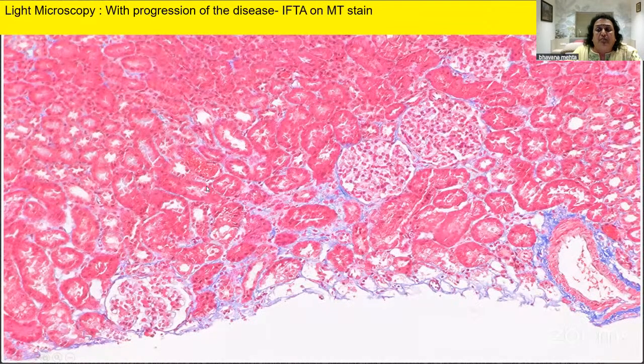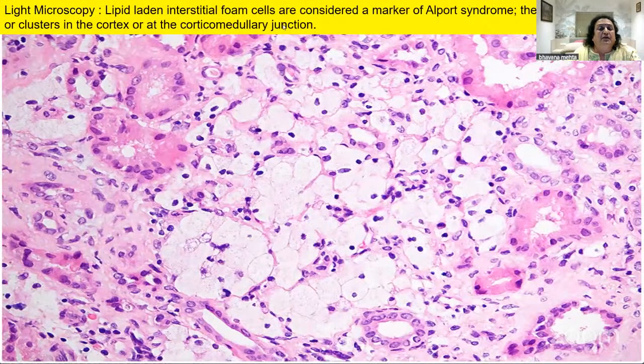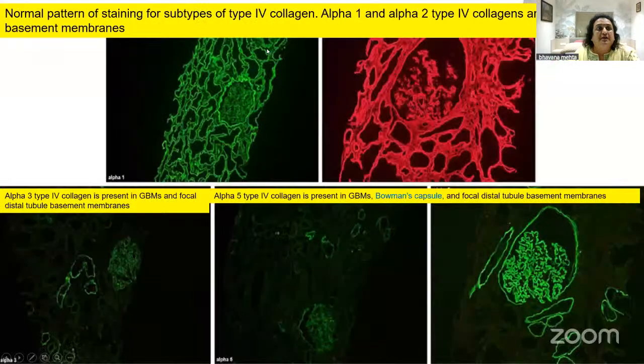With more hematuria and proteinuria and more progression of the disease, there will be tubular atrophy and interstitial fibrosis, which is most commonly appreciated on an empty stain. The most common feature of Alport syndrome on renal biopsy is the presence of sheets of interstitial foam cells, which can be present in the cortex as well as at the corticomedullary junction.